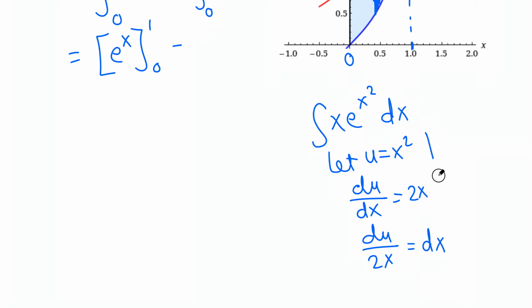Okay, that makes this integral now x, no information, e raised to u, and dx is du over 2x.